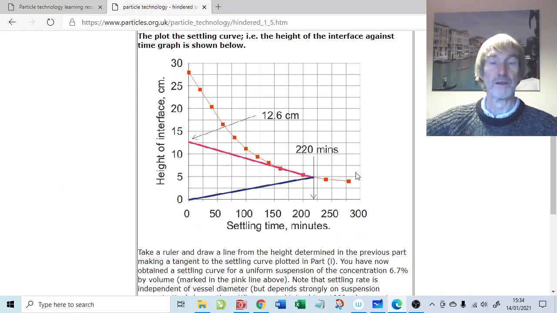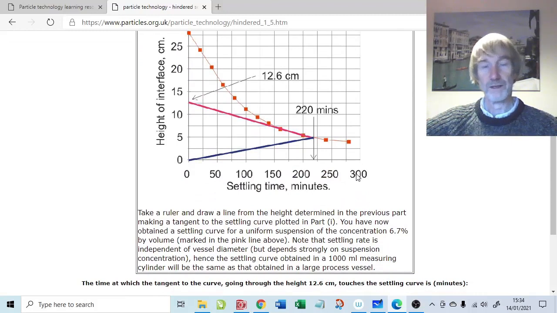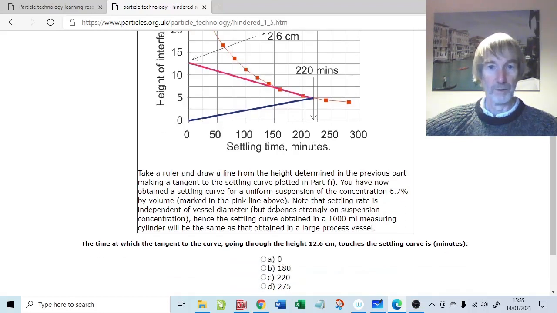Because don't forget, we're designing this process for a material settling at 6.7%, that's the pinky curve here, rather than material settling at 3%, because that was the initial amount of material. Okay, so it says that we take a ruler and draw a line from the height determined, which is 12.6, to draw a tangent to the curve, because the curves have to be the same. Where does it actually come together? At what time does it come together?